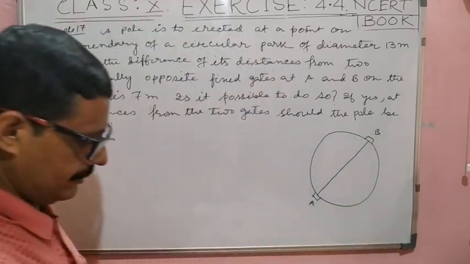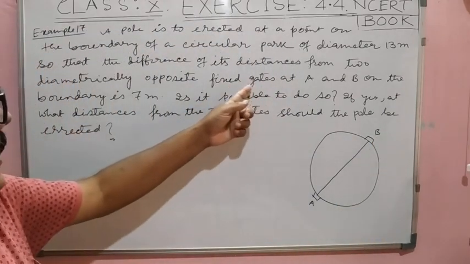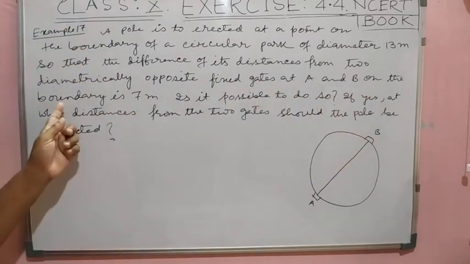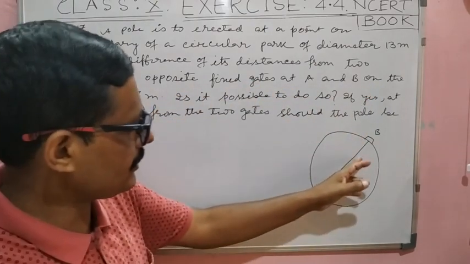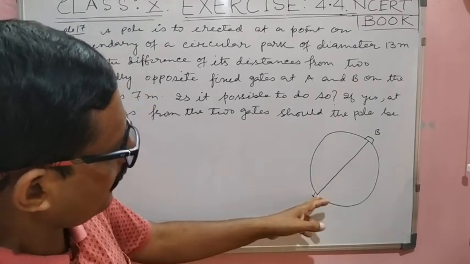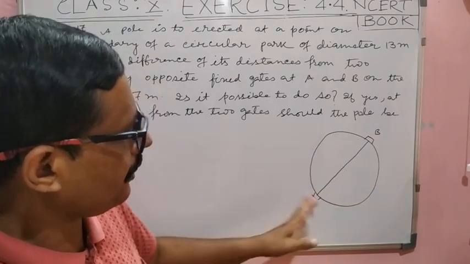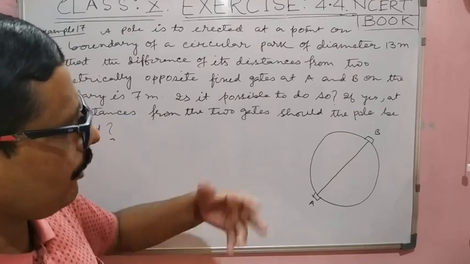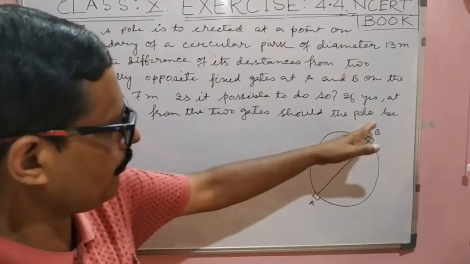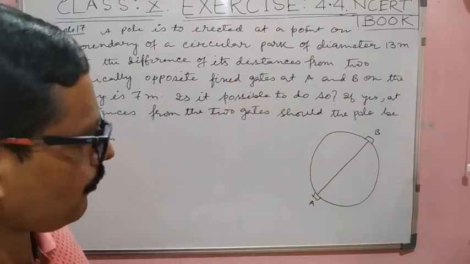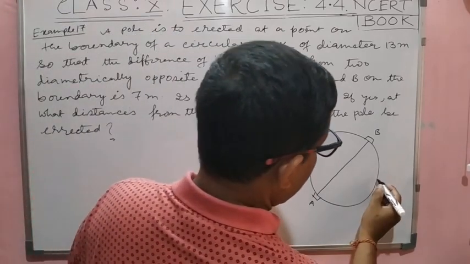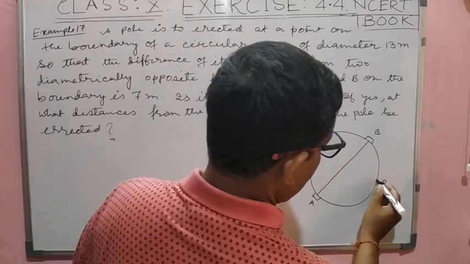Here given fixed gate at A and B on the boundaries, diametrically opposite fixed gates. So this is the diameter, and at the opposite ends of the diameter there are two gates. Now a pole is to be erected at the boundary of this park. Anywhere we can erect the pole. Suppose the pole is erected here. This is the position of the pole.